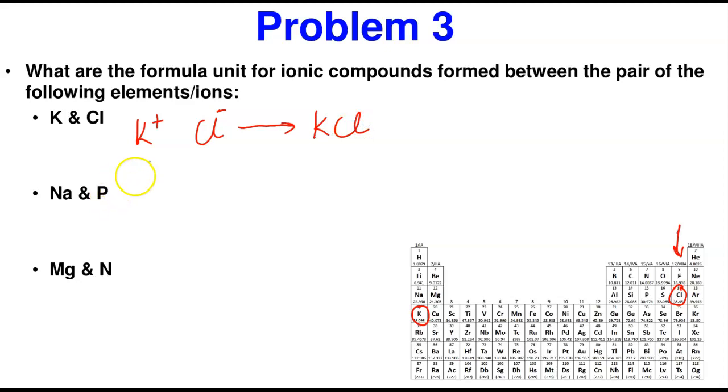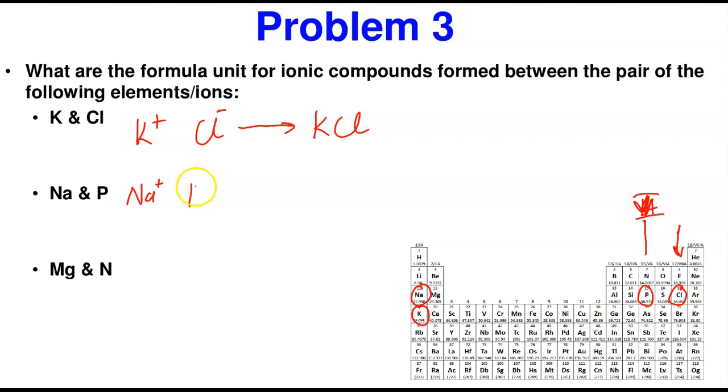Now, for this one, let's see. Sodium is going to be 1 plus, is in group 1. Again, remember that. Now phosphorus is in group 5. So for the group 5 guys, they're going to just be 3 minus. So phosphorus is going to be P. Oh, that's wrong.